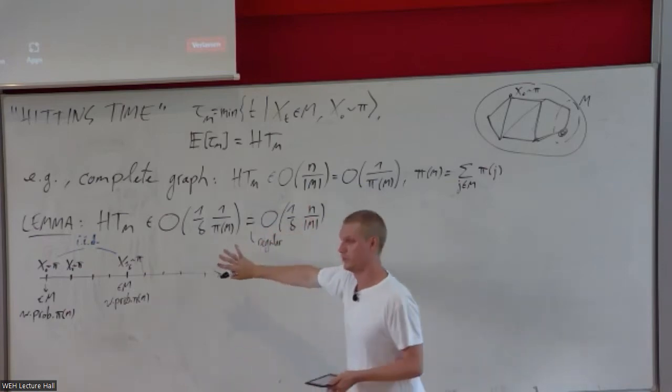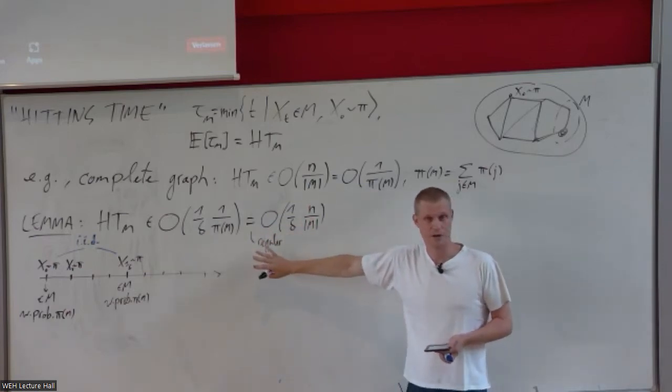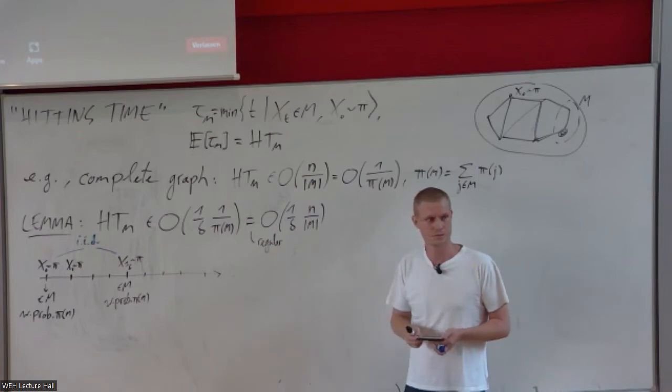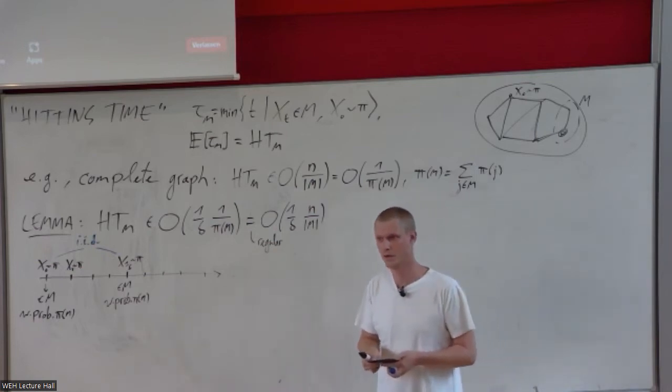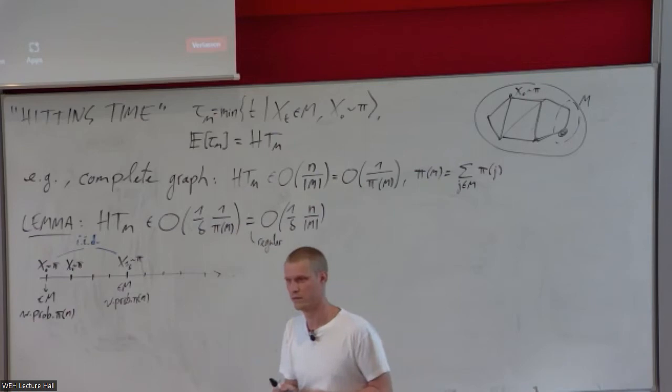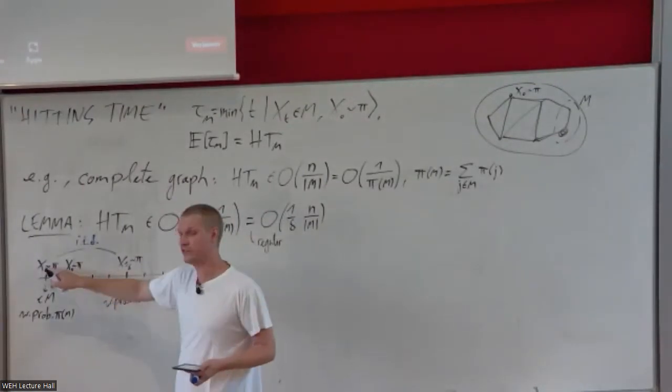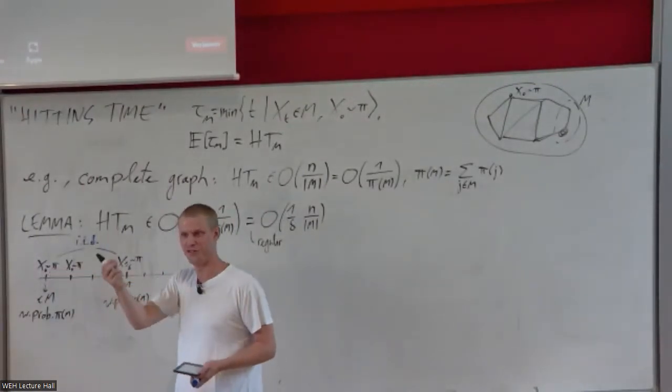Are there any questions about this part at this point? Yes. I could not quite understand why at this time 1 over delta, it will again be back to this uniform distribution. Okay, so the problem here is that this is no longer distributed according to pi if we condition on having seen the first x0.